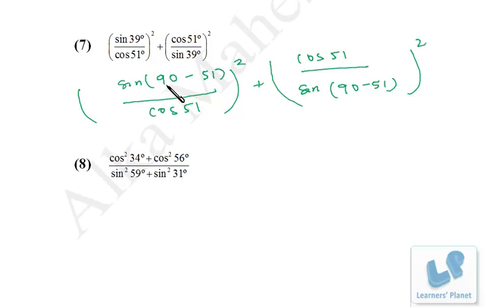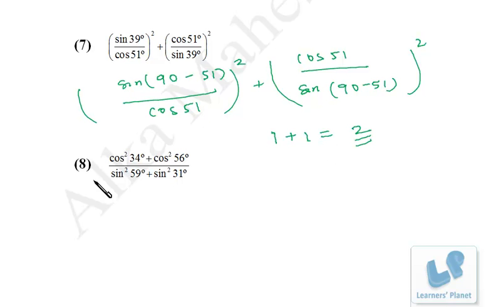Now this is sin(90 - θ) is cos θ, that means it is cos 51. Cos 51 by cos 51 is 1, so it's 1 square, that's 1. Similarly, sin(90 - 51) is cos 51. Cos 51 by cos 51 is 1, and 1 square, that's 1. So final answer is 2, right?